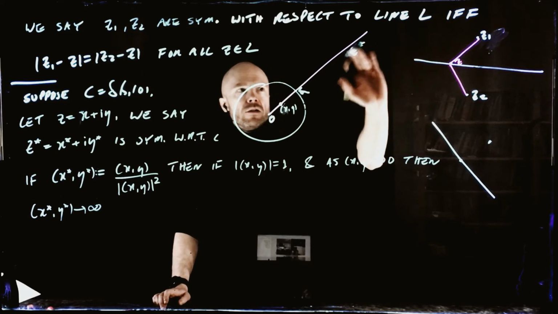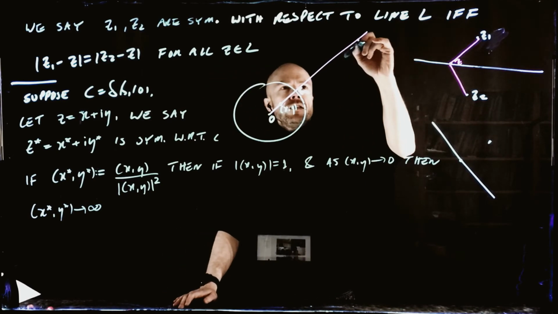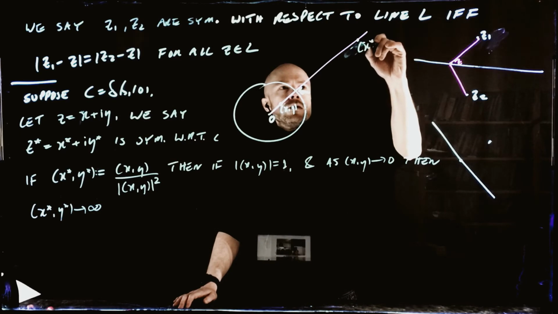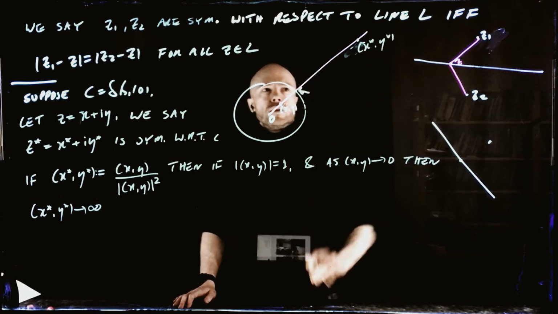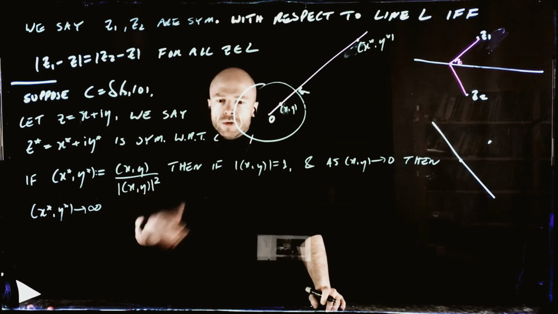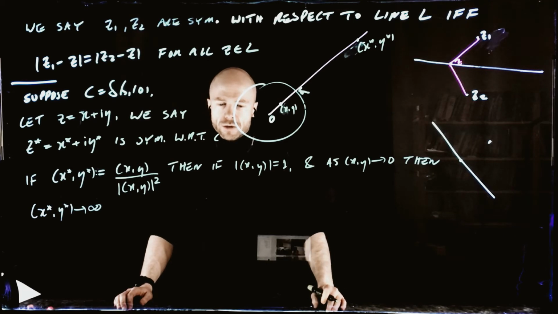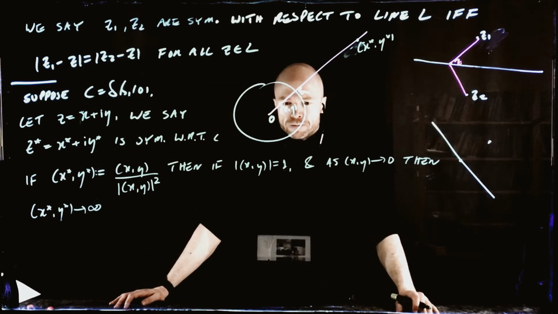Right. So this thing indeed is the right notion of reflecting through the surface of the ball of radius 1. Are you happy with that? Yeah? Cool.